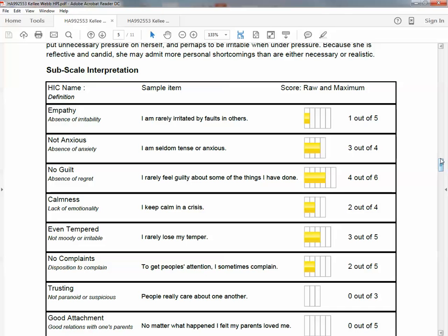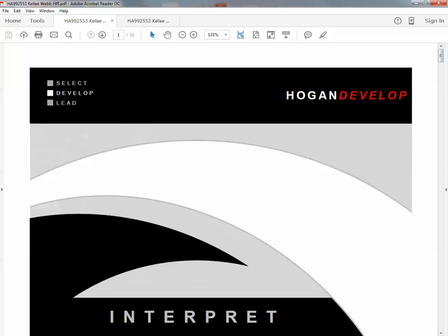So as you go through each of these scales, you'll see how some of the individual questions were scored and how those traits roll up into the overall personality trait. Okay, so now we are going to move over to the Hogan Development Series.